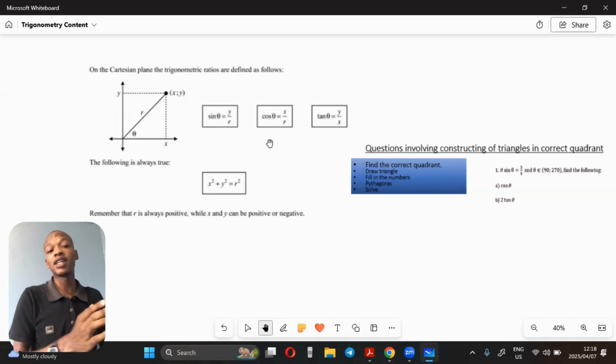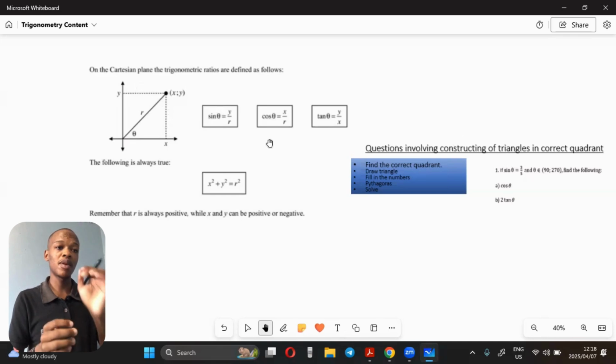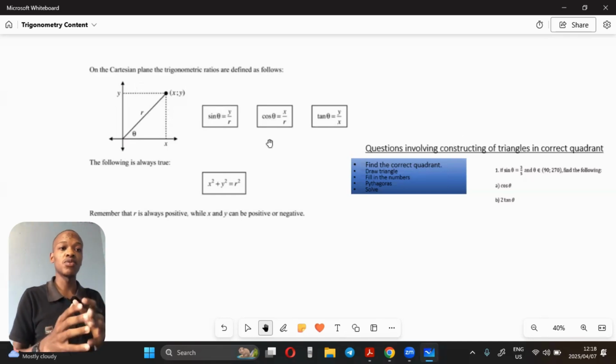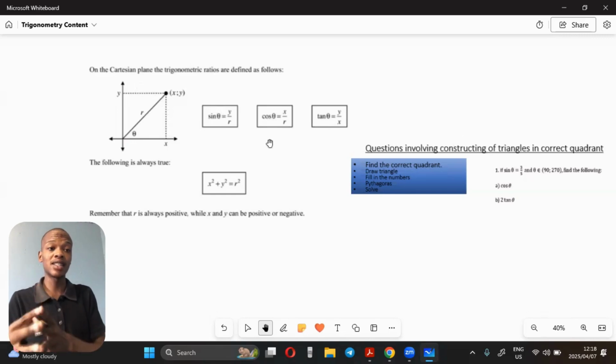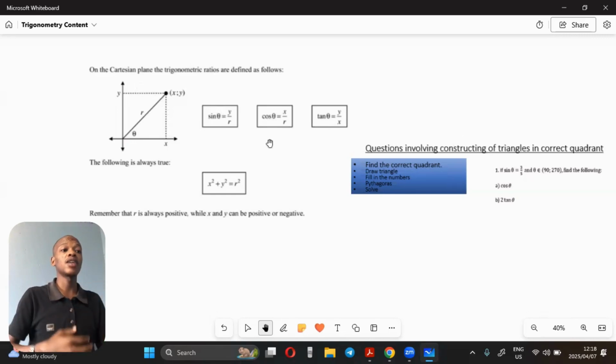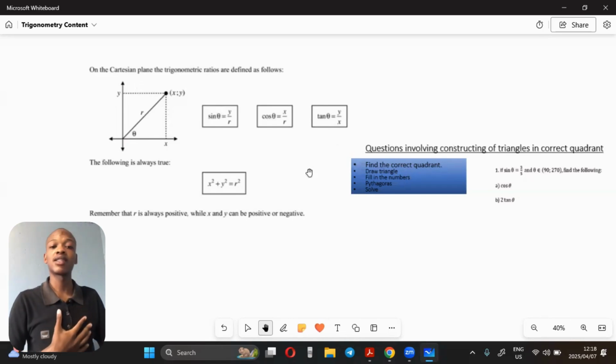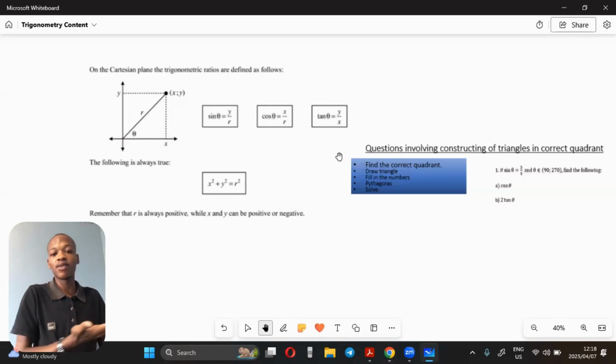Then cos is adjacent over hypotenuse. For adjacent, you will always substitute the value of x. If you are working with the Cartesian plane, we'll make use of x, y, and r. That is that. And then for tan, it's opposite over adjacent.